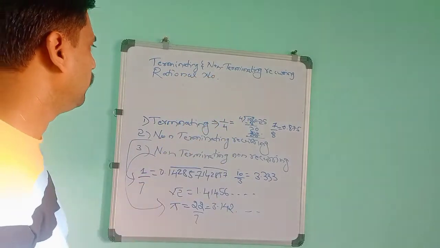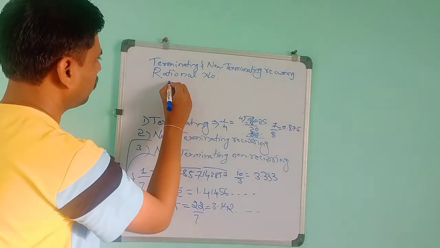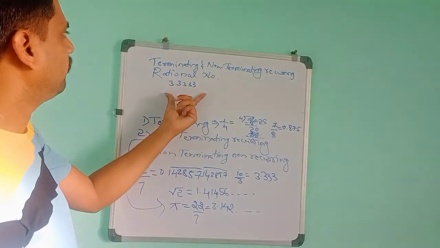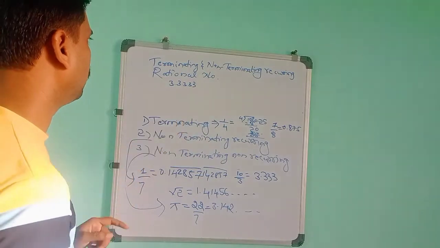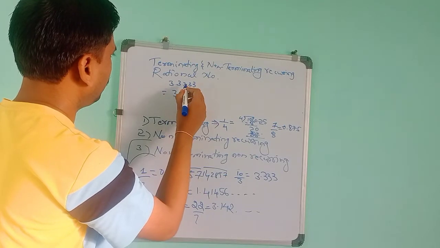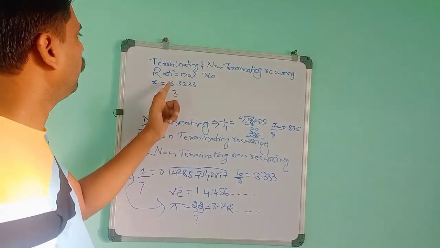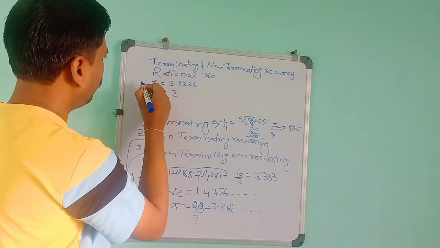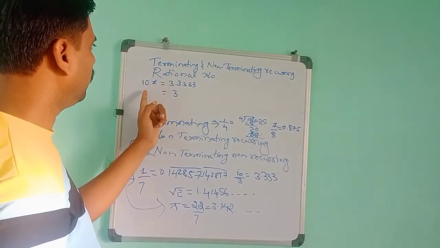How will I prove that? For this one, you take an example, 3.33. 3.33, this is terminating, non-recurring. Non-terminating recurring, so we have to prove that it is a rational number. So you take this one, 3.33, and put x equal to 3.33. Then, it is one digit repeating, so you have to multiply by 10.